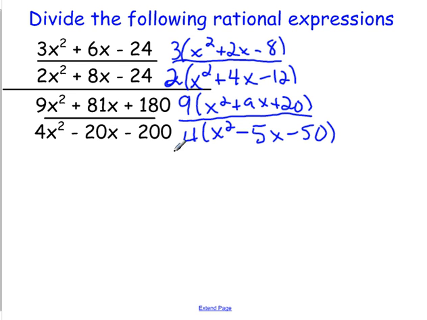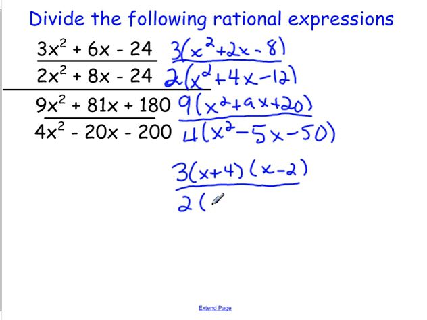So it's going to be 3, and then this one's going to factor into, let's see, we have to multiply to negative 8 and add to positive 2. So x plus 4, x minus 2. This one has to multiply to negative 12, add to positive 4. So it's going to be x plus 6, x minus 2. Alright.